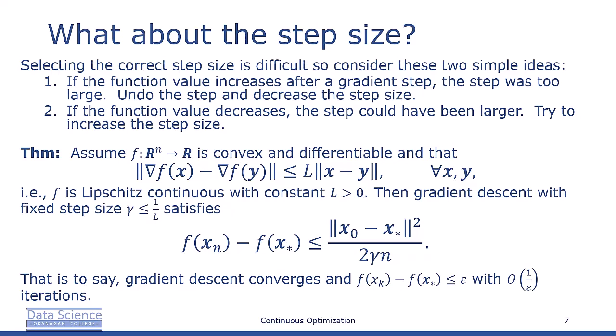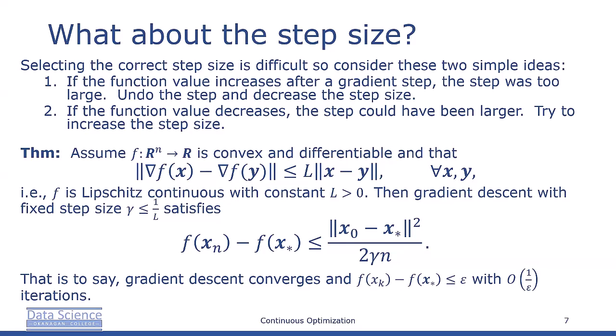Now, a technical theorem here says that if we assume that f from R^n to R is convex and differentiable, and that the norm of the gradient of f of x minus the gradient of f of y is less than or equal to some L times the norm of x minus y, that is, the gradient of f is Lipschitz continuous with Lipschitz constant L greater than 0, then gradient descent with a fixed step size gamma less than 1 over L satisfies f of x n minus f of x star is less or equal to the norm of x0 minus x star squared over 2 gamma n.